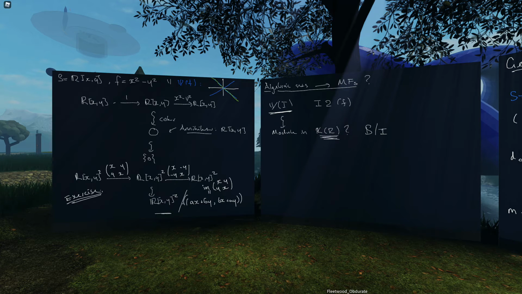But supposing we had such a module M, then we can look at a matrix factorization. Say we have its free resolution, which lives in there. We look at this module M's free resolution.